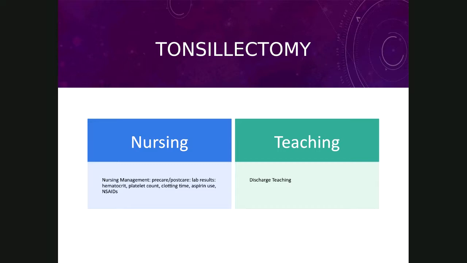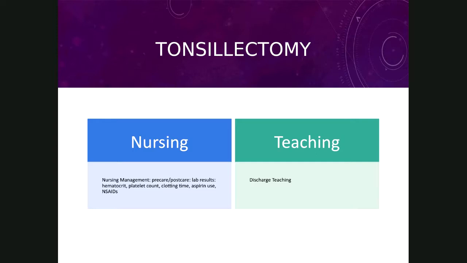Yes, and the way to do that is, as Ms. Conley said, you want to prevent your nausea and vomiting because you want to decrease the pressure in that area. And if you think about throwing up and all the pressure that comes along with that, that can dislodge, that can damage the tonsils that have just had surgery, okay?